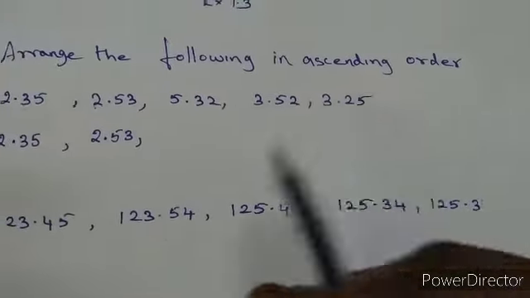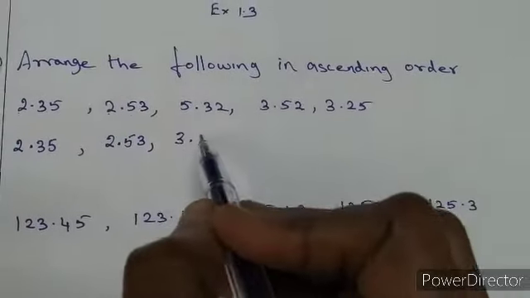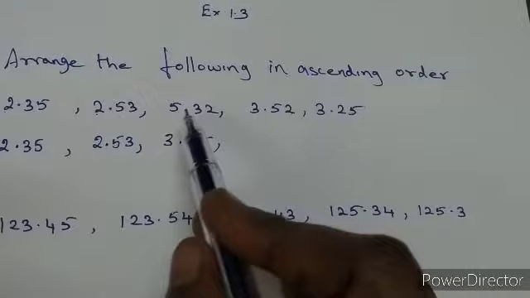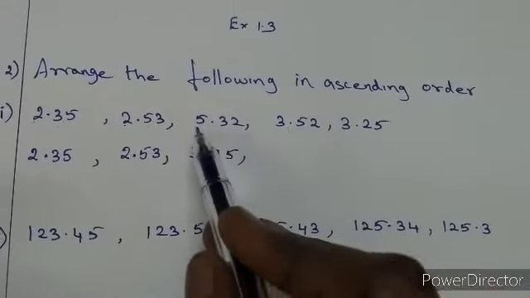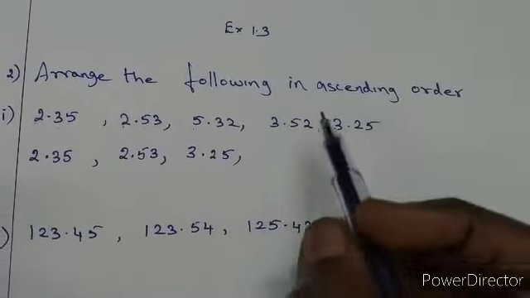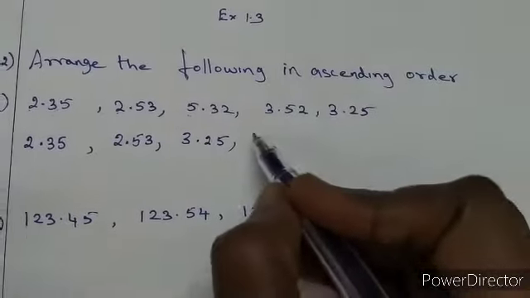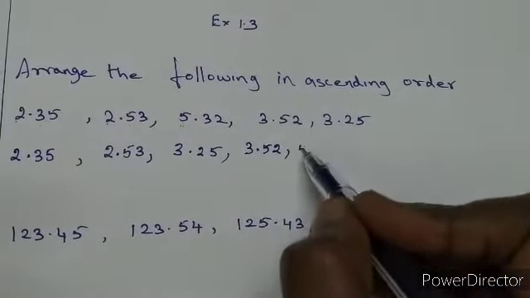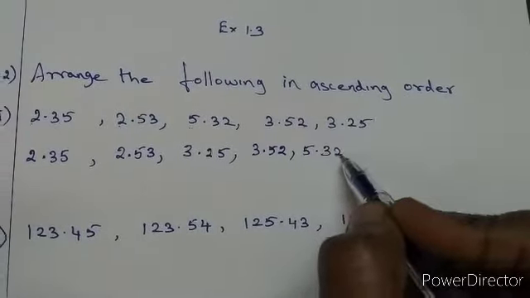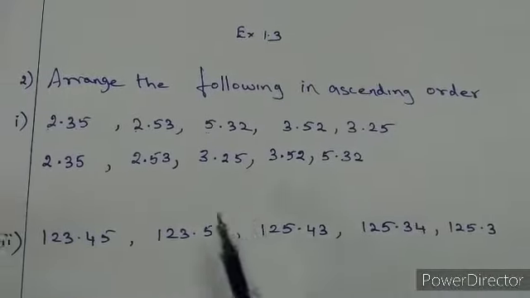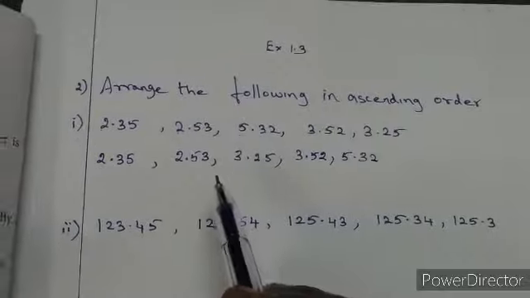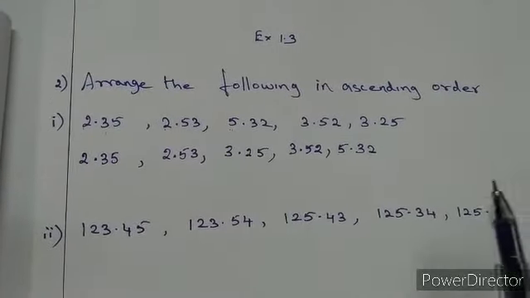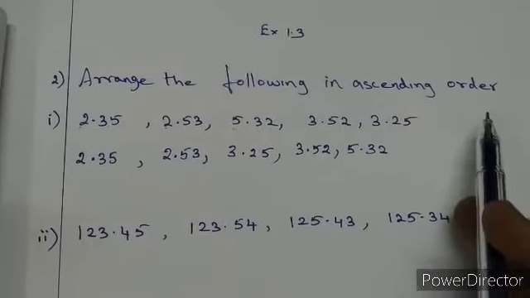So you have to write as the third number 3.25, and only 2 are remaining. Compare 5 and 3. 3 is lesser than 5. So 3.52, and the last number is 5.32. So is it clear? You arrange the decimals in ascending order. Is it so?